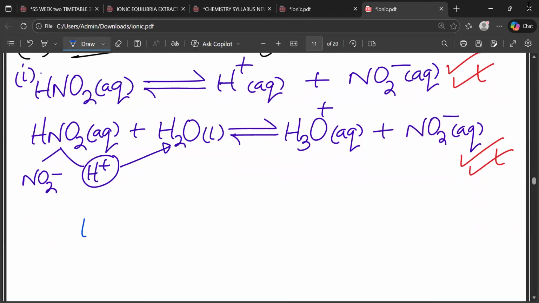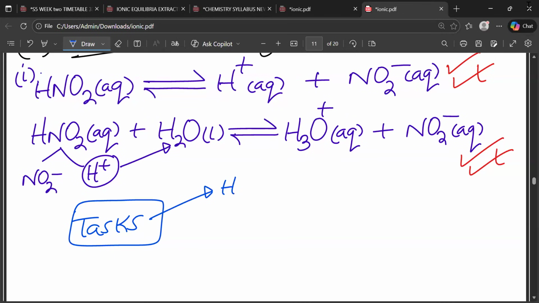So the tasks you have: carbonic, then sulfurous. Carbonic, sulfurous.